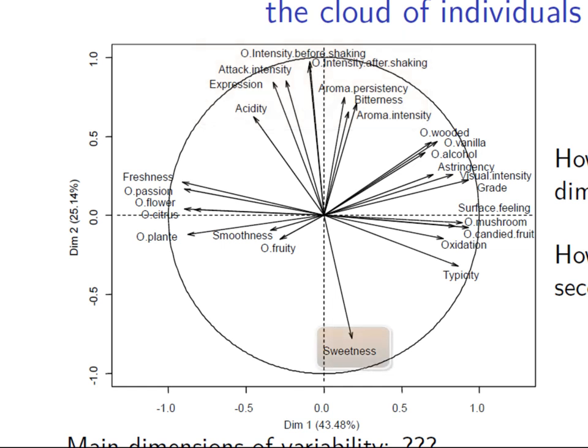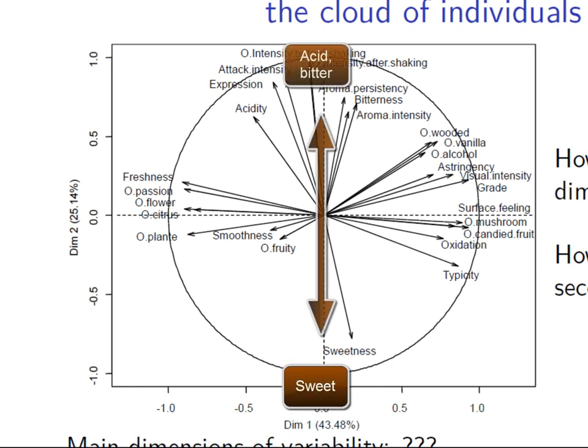For sweetness, the correlation coefficient is close to -1, so wines that have a low coordinate on dimension 2 are sweet, and wines that have a high coordinate on dimension 2 are not sweet. The second dimension opposes wines on the top that are acid and bitter to wines that are sweet on the bottom.